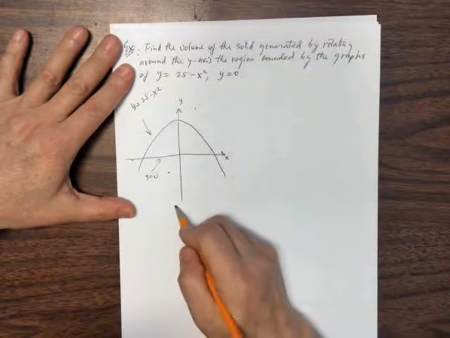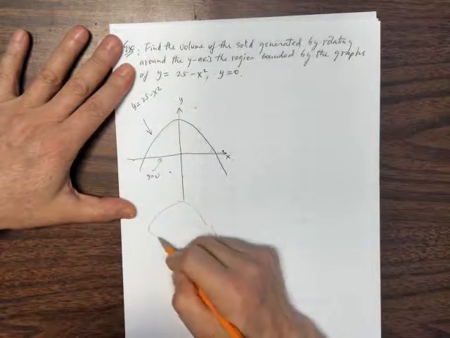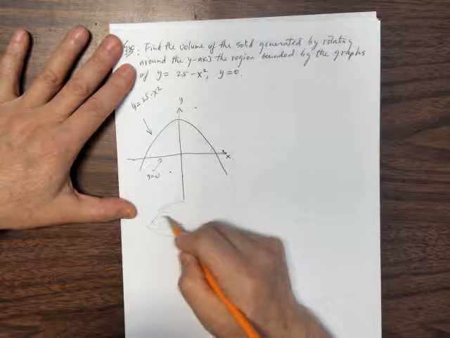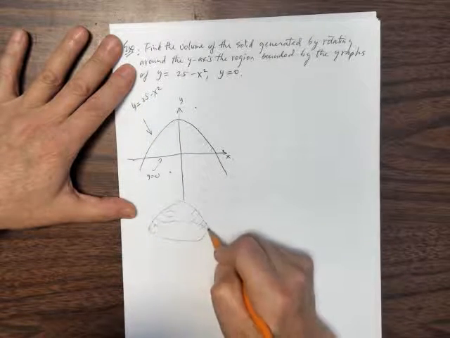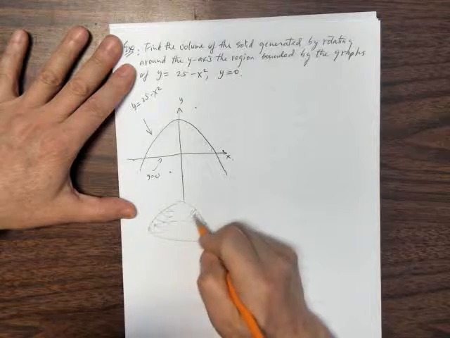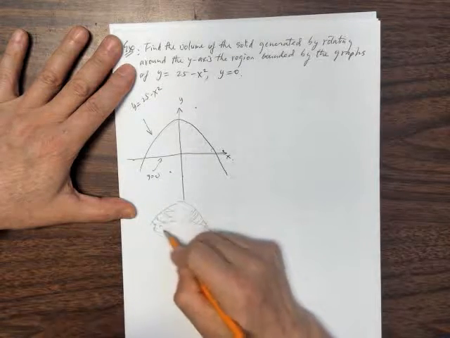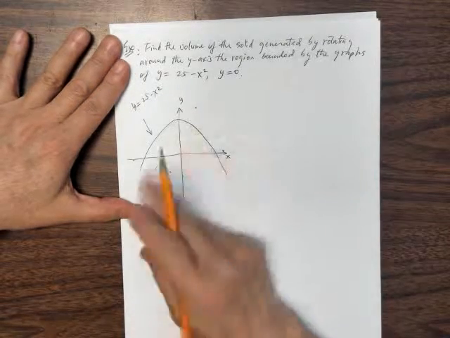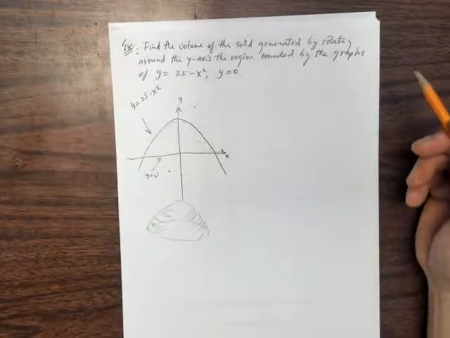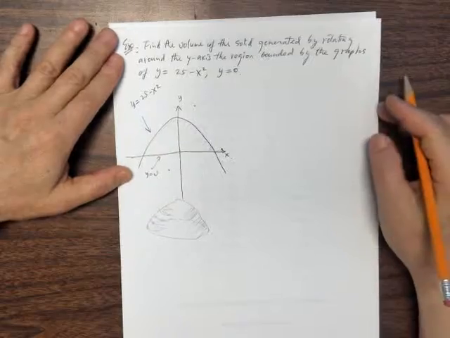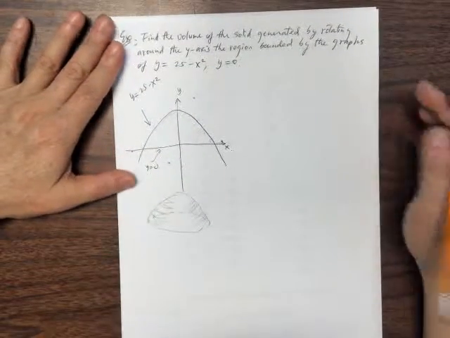It's going to generate a solid like this. The graph of a solid is not required. I'm drawing it here because this problem is a little unique. I want to explain something. So you can see if this region is rotating around the y-axis, this will be the solid that's going to be generated, right?